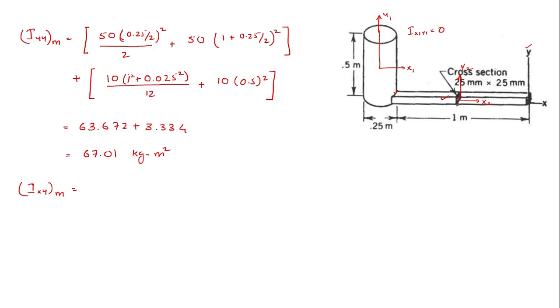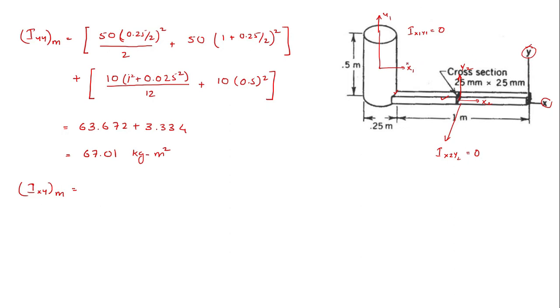Similarly, for this rod here, since both x2 and y2 are principal axes, Ix2y2 will be 0 for this rod also. Now I should be able to express this in terms of the x and y coordinate reference here.